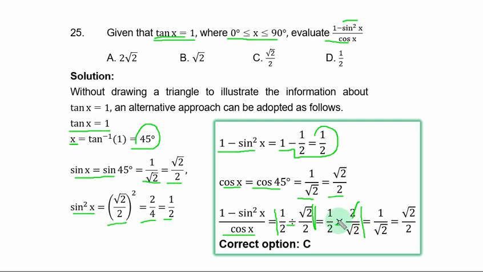Clearly 2 will cancel 2, and you have 1 over root 2. When rationalized again, you have root 2 over 2. For you to rationalize, you use the denominator root 2 to multiply both numerator and denominator. C is the correct option.